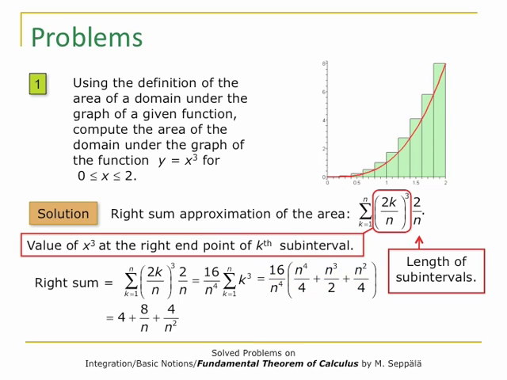We expand the product and we get that the right hand approximation is 4 plus 8 divided by n plus 4 divided by n squared. And we now let n go to the infinity and obtain at the limit the number 4. And we conclude that the area of the domain under the graph of the function y equals x cubed and over the interval from 0 to 2 is 4.